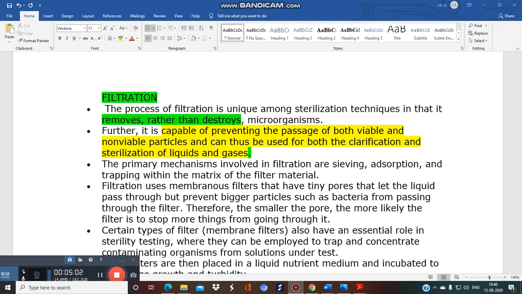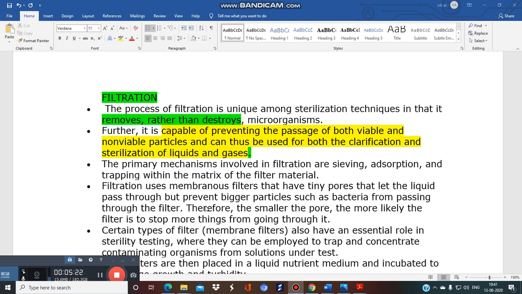You will see later how to sterilize the air, because suppose you have to do a practical related to the inoculation of a bacteria. Suppose you are working on a bacteria and you have to inoculate that sample, or you are working in an ophthalmic laboratory.